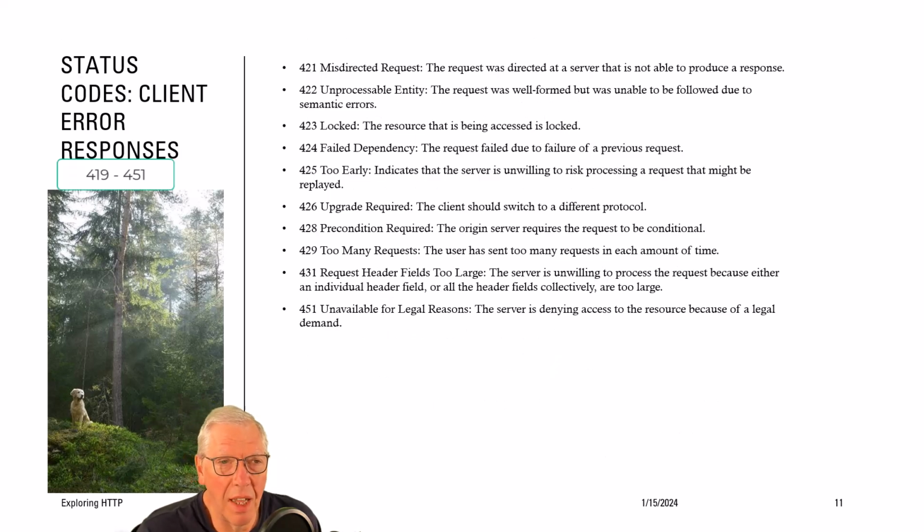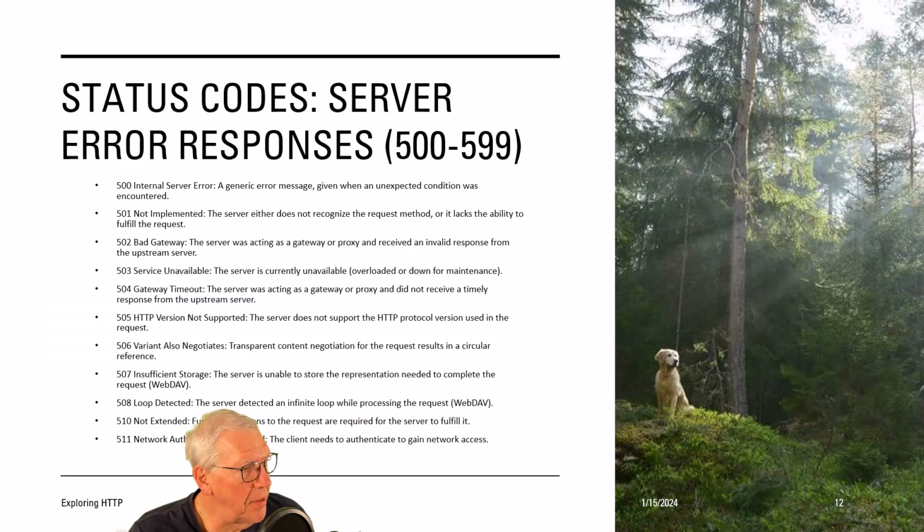So if you get an error code 418, somebody's playing a joke on you, I guess. Here's another list of error code 400s. There's a lot of them. I love this one, number 451, unavailable for legal reasons. It's denying your access because of some legal reason. And then finally, we have server error responses. These are the server giving an error back to you, like 505 HTTP version not supported, gateway timeout.